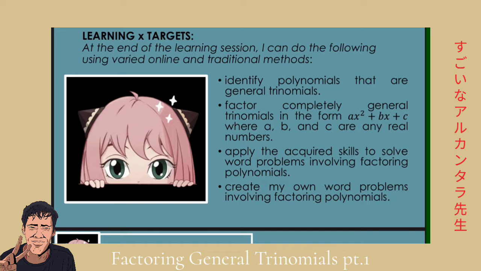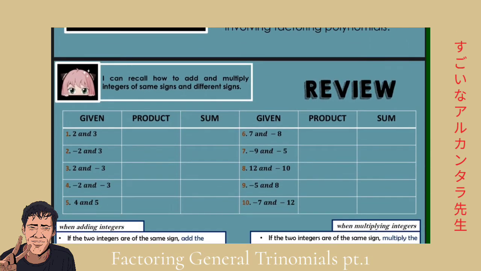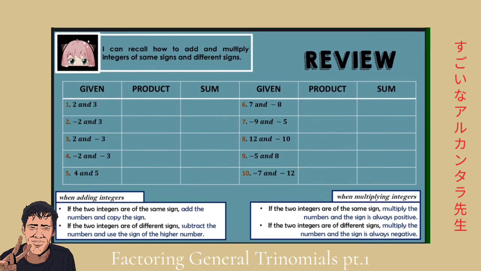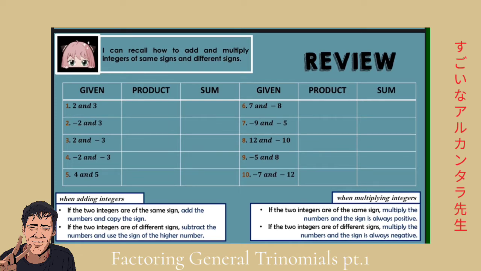But before we proceed in factoring general trinomials, it is important for us to review the following. The first thing is, it is important for us to recall how to add and multiply integers of same signs and different signs. So Anya is on top of the screen, always reminding us of our goal in order for us to get that starlight. So basically, class, it's not that difficult.